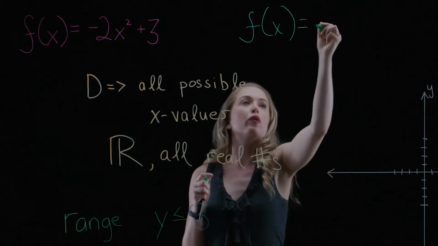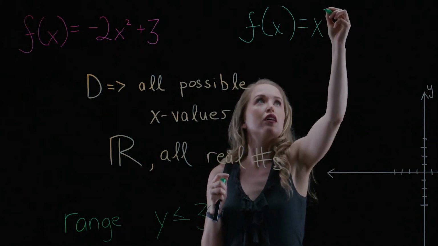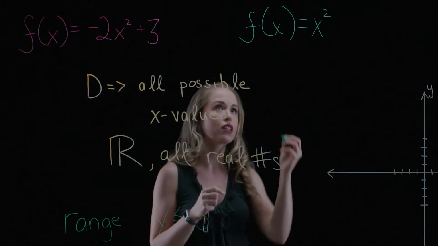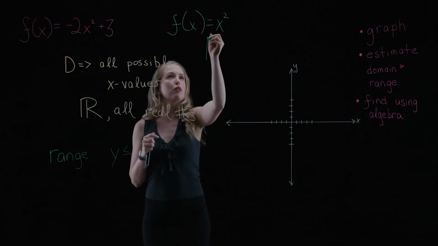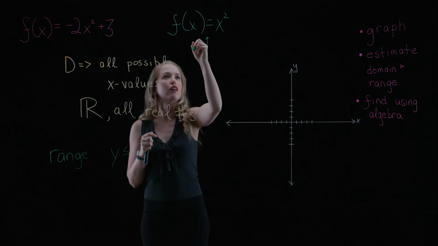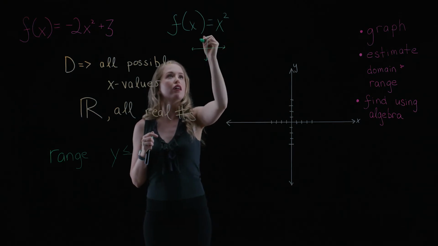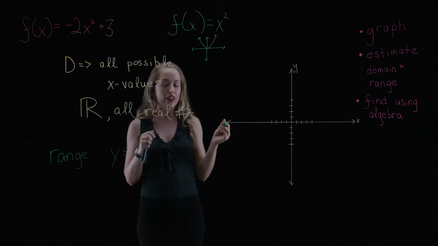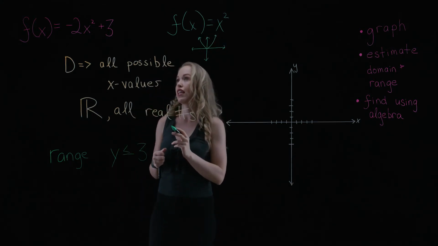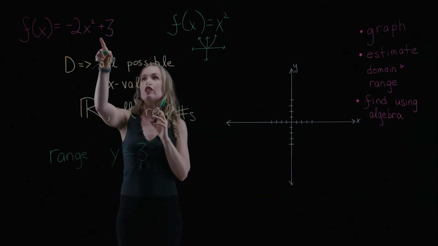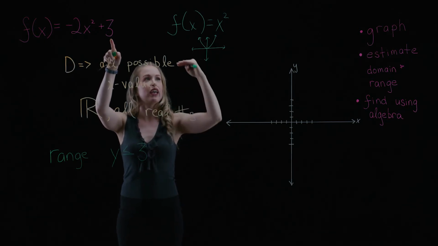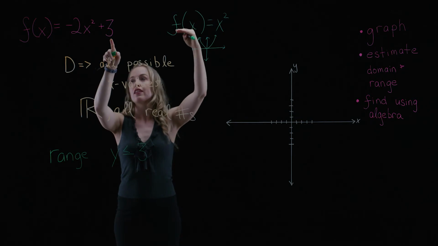equals x squared, which I will have memorized is a parabola. The basic shape for that parabola looks something like this. And then of course we have different translations and transformations. So this plus 3 would indicate I am taking that basic shape and moving it up 3 steps.